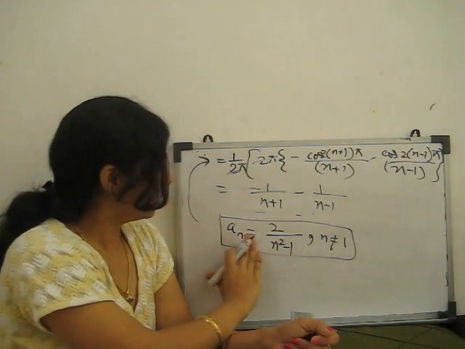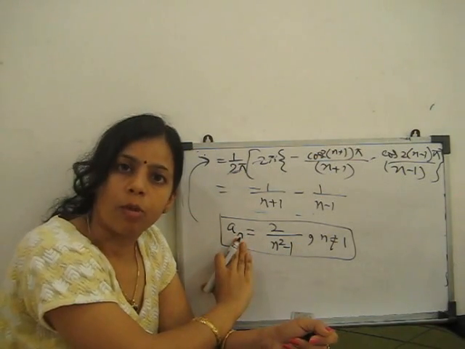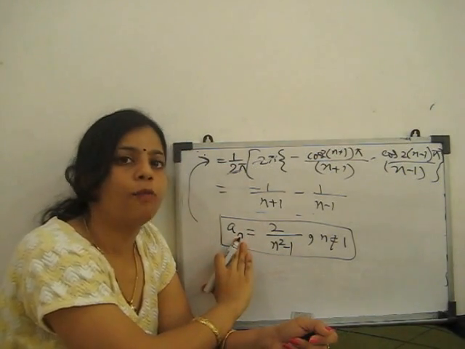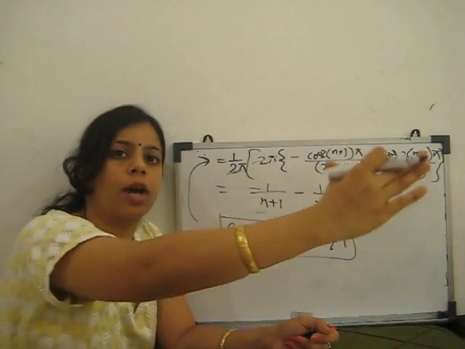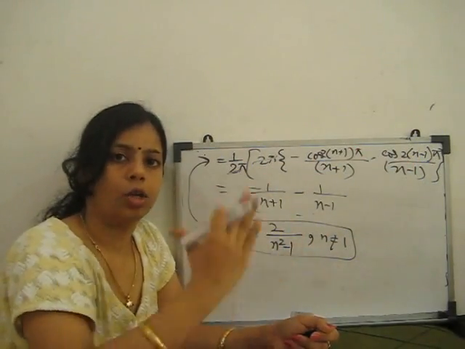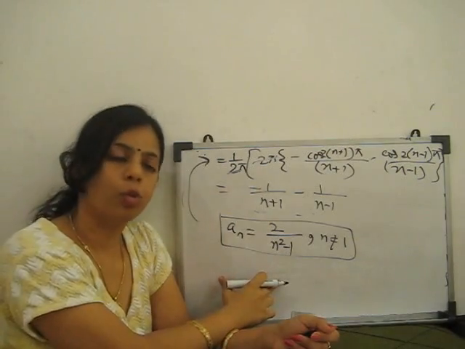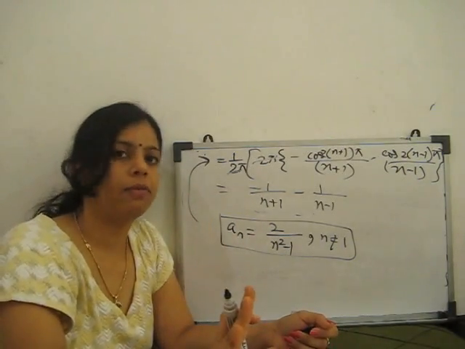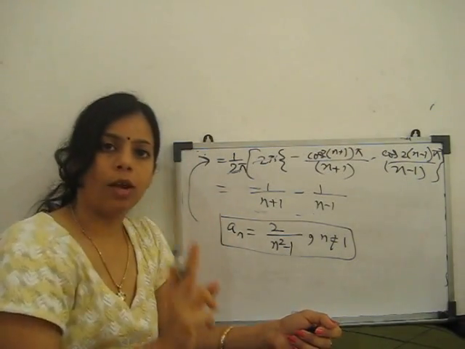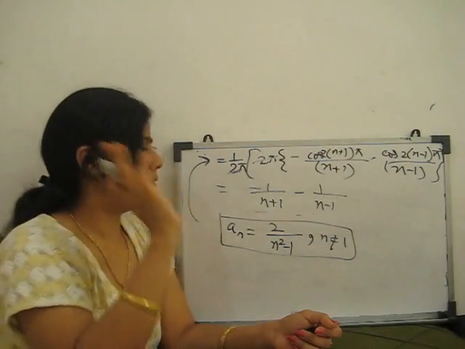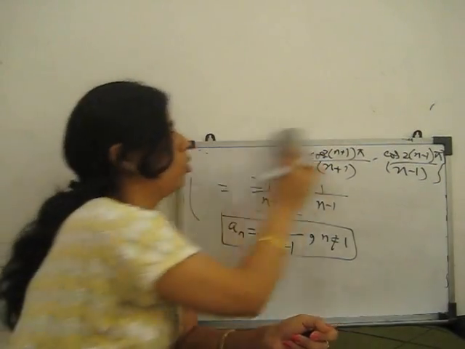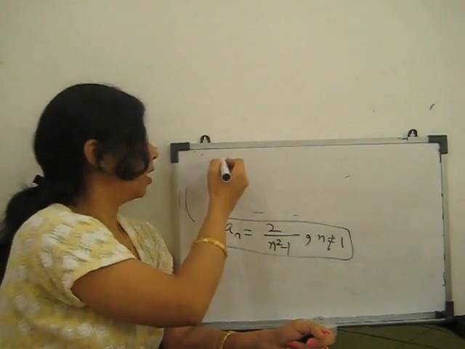So this is the general formula for an, but not for a1. N is greater than 1: 2, 3, 4. This gives a2, a3, a4, a5 up to an, but a1 we cannot find this way. So we have to calculate a1 separately. So this is an. Now we go for a1.